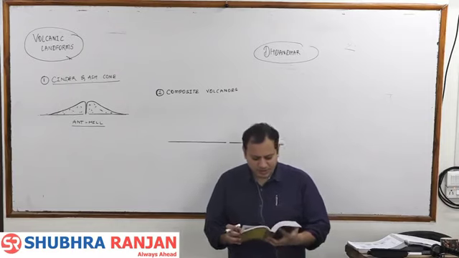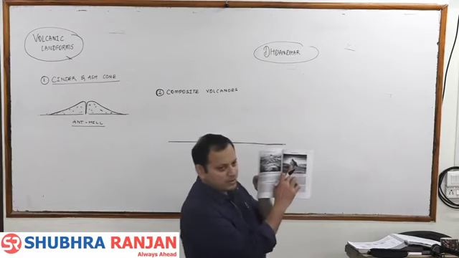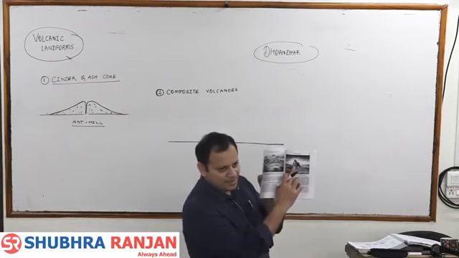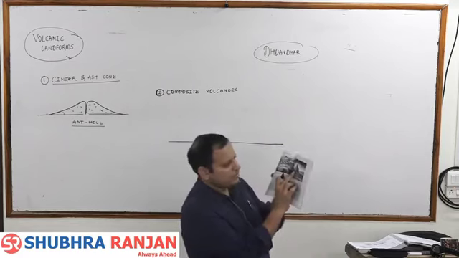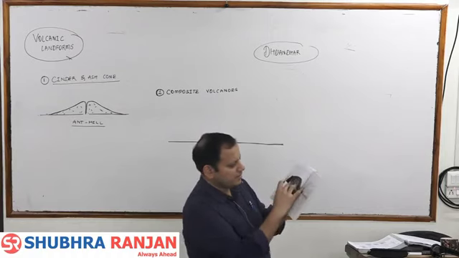So this is what a cinder and ash cone and hill is. Getting it? These are pseudo volcanic features.